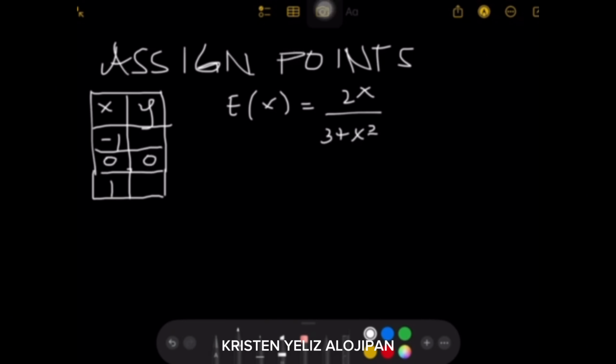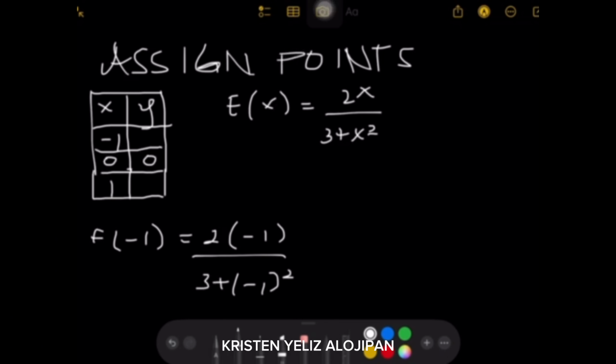For negative 1, f of negative 1 equals 2 times negative 1 over 3 plus negative 1 squared. So that would be negative 2 over 3 plus 1, negative 2 over 4, equals negative 1 half.